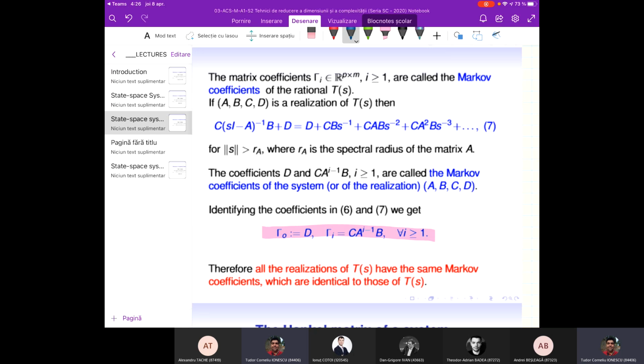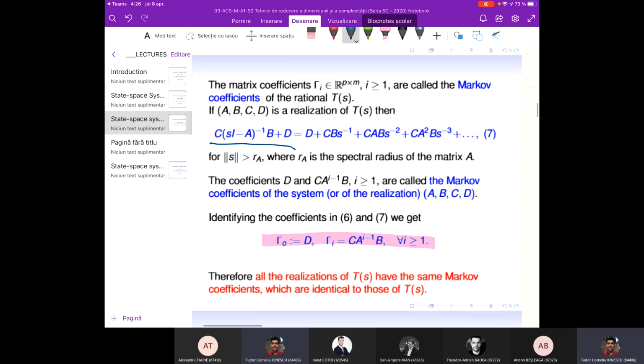Hence, if (A, B, C, D) is a realization of T(s), then this is the formula of T(s) which we're familiar with. Then it's equal to this development, to this expansion.